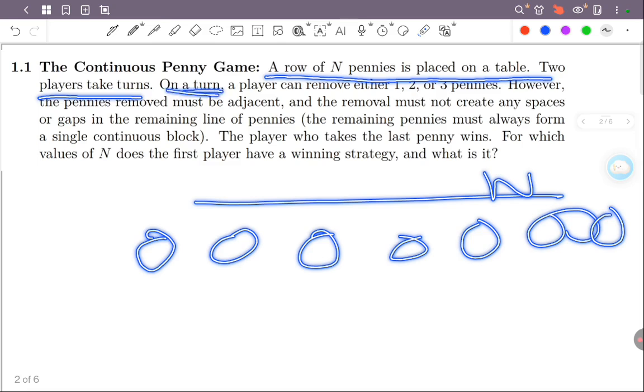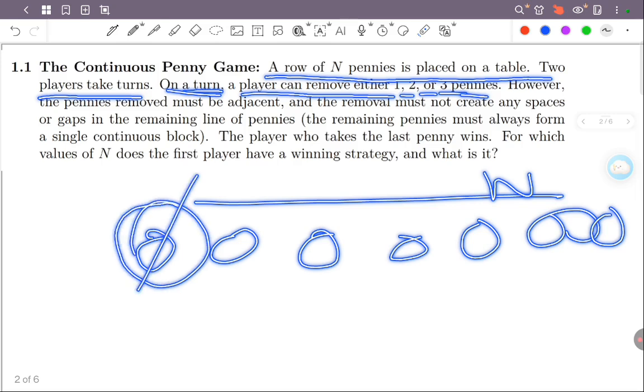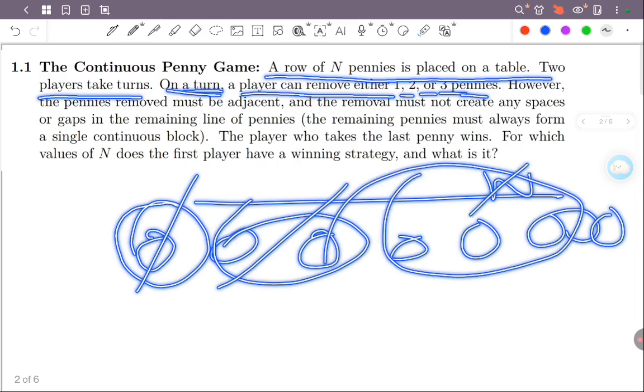On a turn, a player can remove either one, two, or three pennies. So a player is allowed to remove either one penny, or two pennies, or three pennies. But the main point is that the pennies removed must be adjacent. Like, he cannot do something like this.